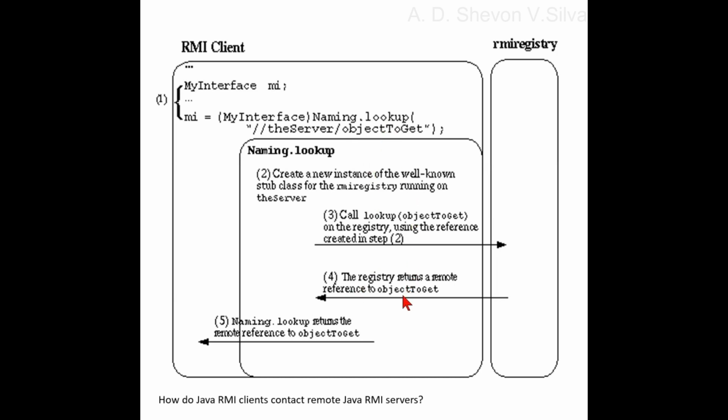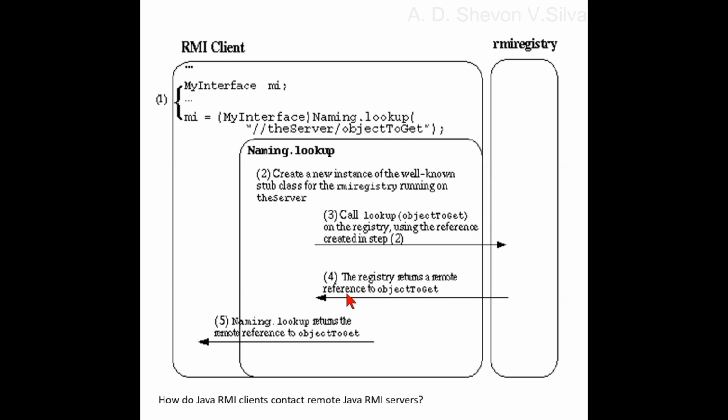Every remote reference contains a server hostname and port number, which allows the client to relocate the VM that is serving a particular remote object.